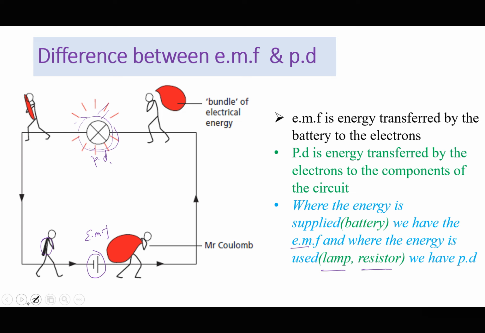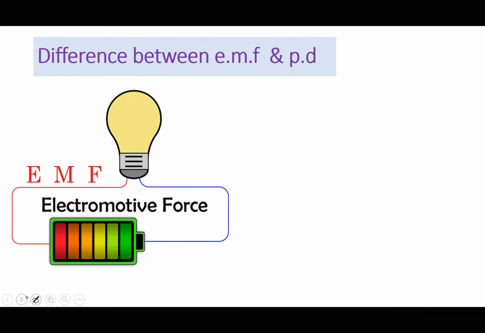Okay, so to understand this in more detail, we are still exploring the difference between EMF and PD. So I just want people to understand that the EMF is where we have the power supply. So in this simple circuit that I've indicated here, I have a battery connected to a bulb.